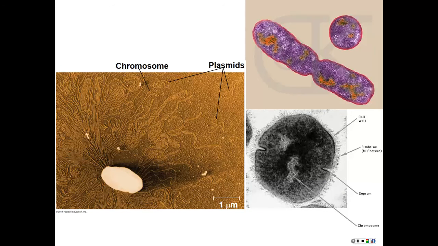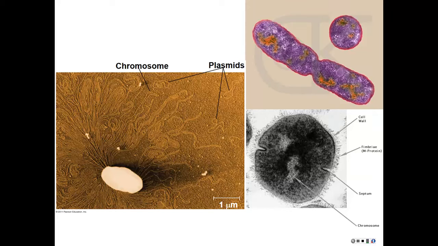They typically have one circular chromosome, and this is in contrast to eukaryotes that usually have multiple linear chromosomes. Some prokaryotes have an additional smaller DNA loop that we call a plasmid that has a few genes on it. And of course they lack any membrane-bound organelles.